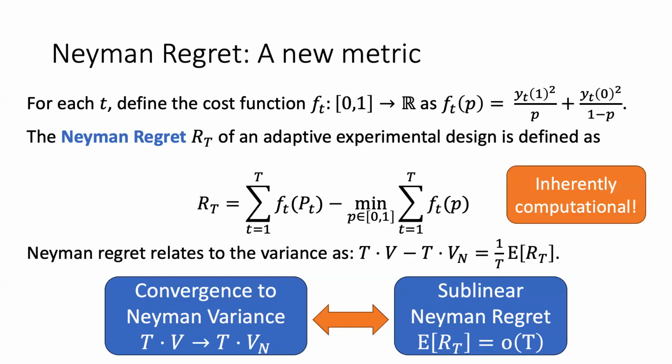So this informs us that this adaptive Neyman allocation problem is inherently computational, in the sense that to achieve this statistical guarantee, which you'd like to do here, you have to solve some type of online optimization problem, which typically requires sophisticated algorithmic methods.